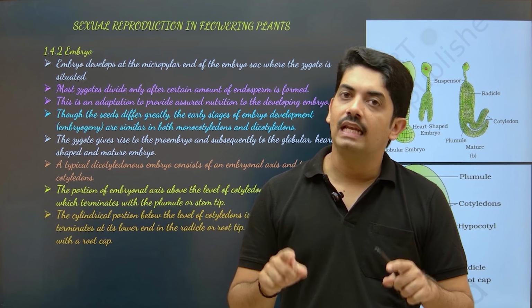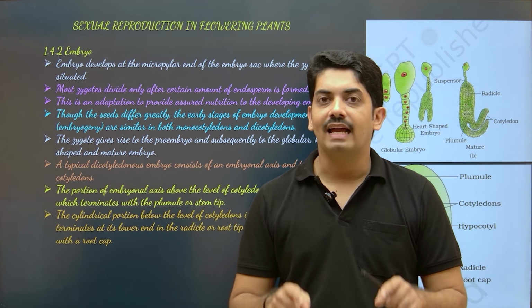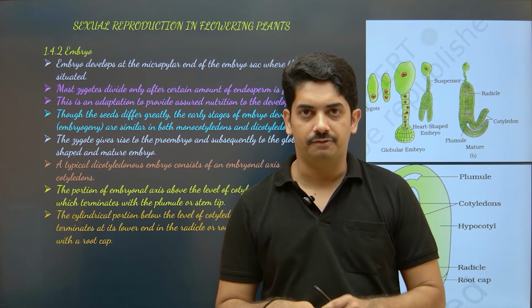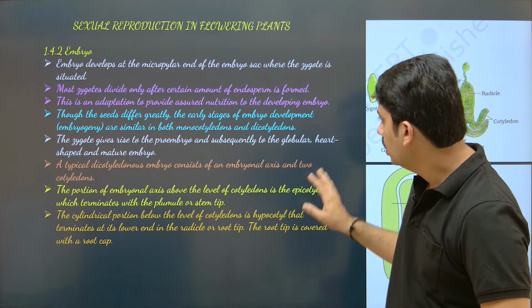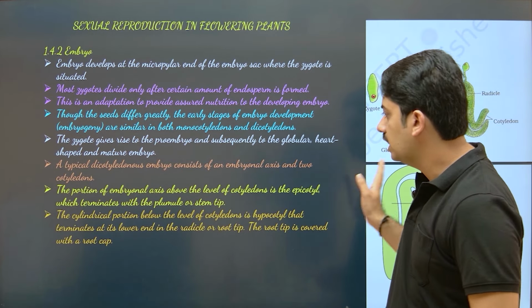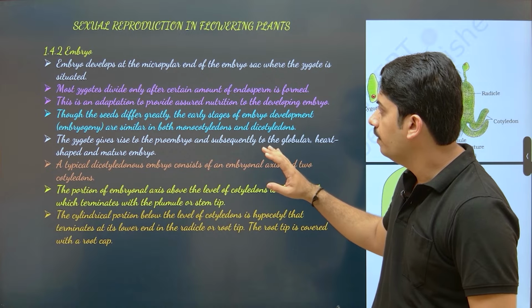So before leaf formation, the cotyledon acts as an embryonic leaf. Please do remember, this is a very important concept. Okay, hope you have just observed the dicotyledon embryo.